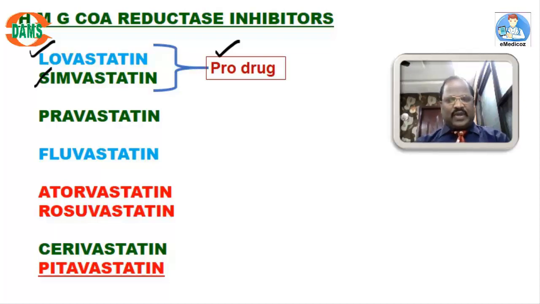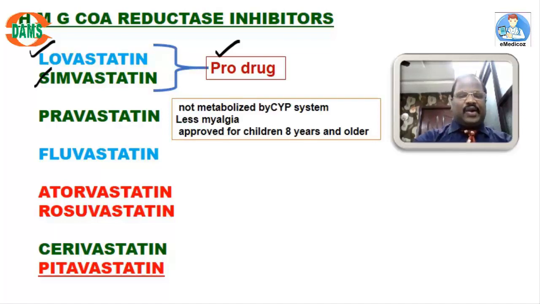Question number 2. Among the statins, pravastatin does not undergo metabolism by cytochrome P450 family enzymes. That means among the statins, a drug having less chance of drug interaction is pravastatin because it is not metabolized by the CYP family of enzymes.